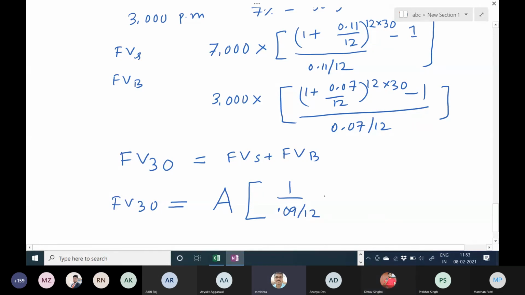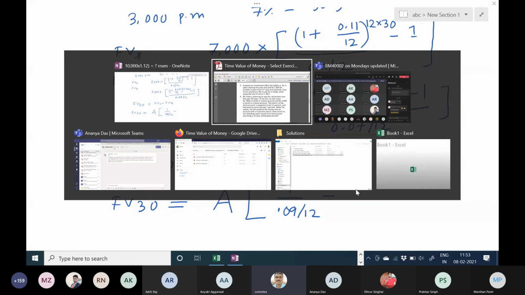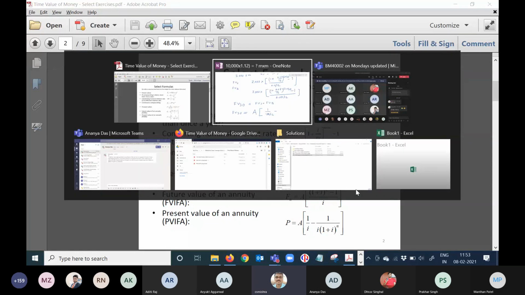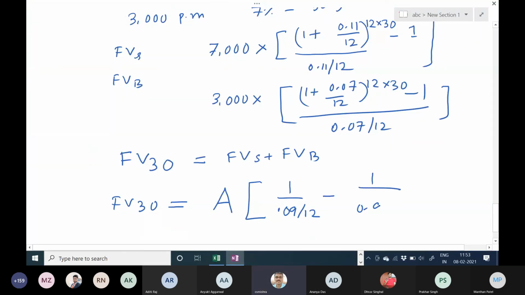Then what? Minus. What is the annuity formula? Minus 1 by 0.09 by 12 into 1 plus 0.09 by 12 to the power how much? How many installments? 25 into 12. 25 into 12 means 300 installments.